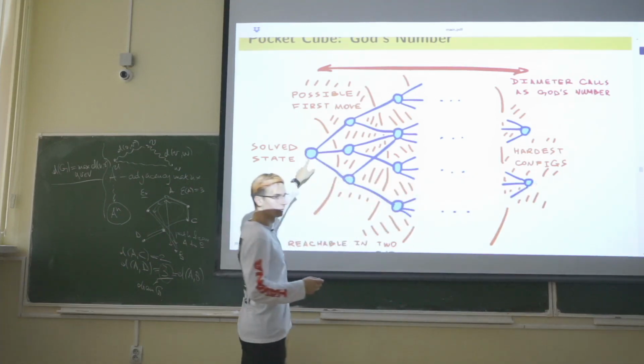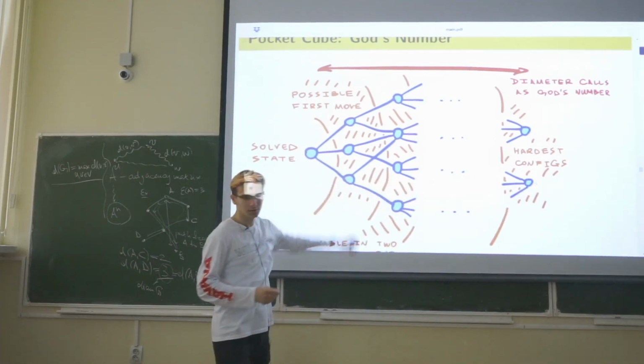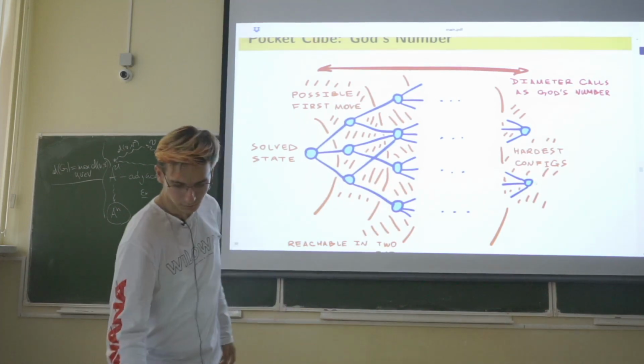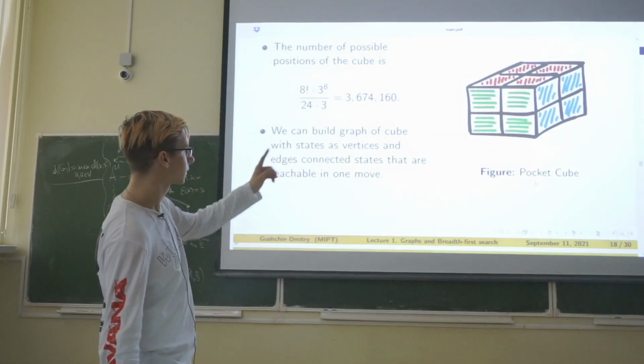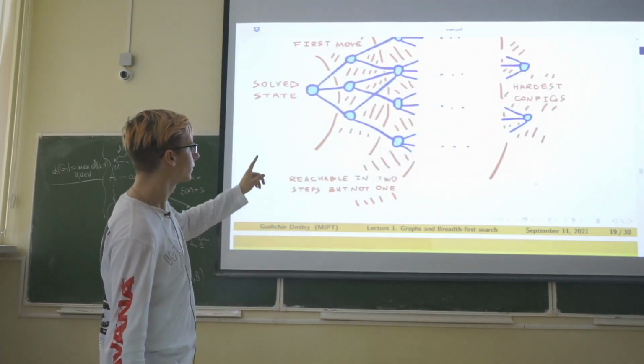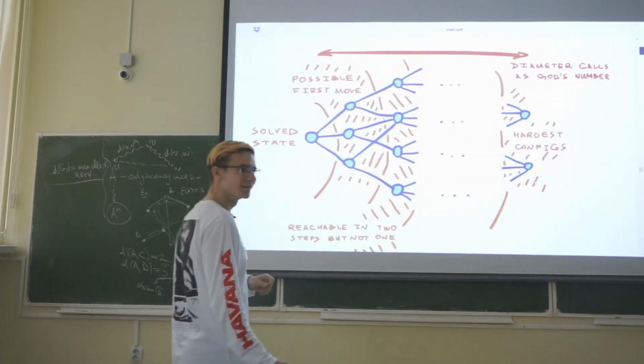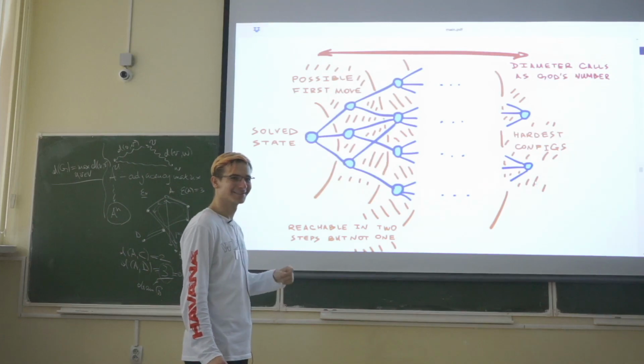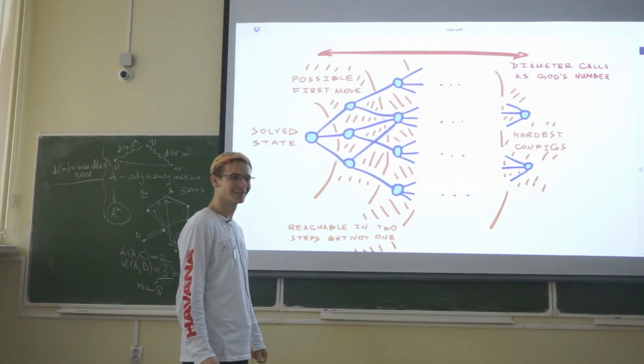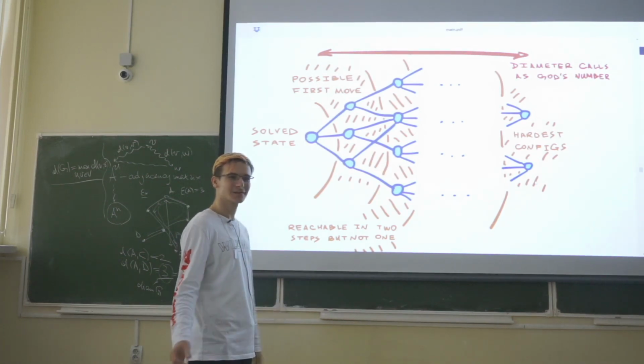So, for the pocket cube, the diameter of this graph is equal to, do you know? Some hypothesis.